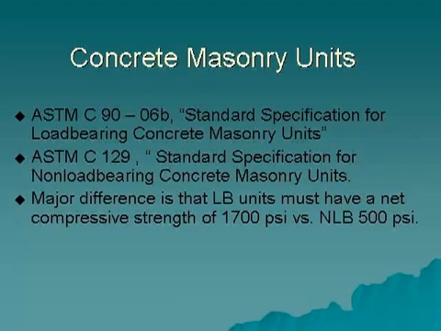The difference is that while both of these blocks look the same, individual load-bearing units must not have a net compressive strength of less than 1700 psi. Non-load-bearing units must not have a net compressive strength less than 500 psi. You can see how these units could easily be mixed up in an inventory or on a job site.